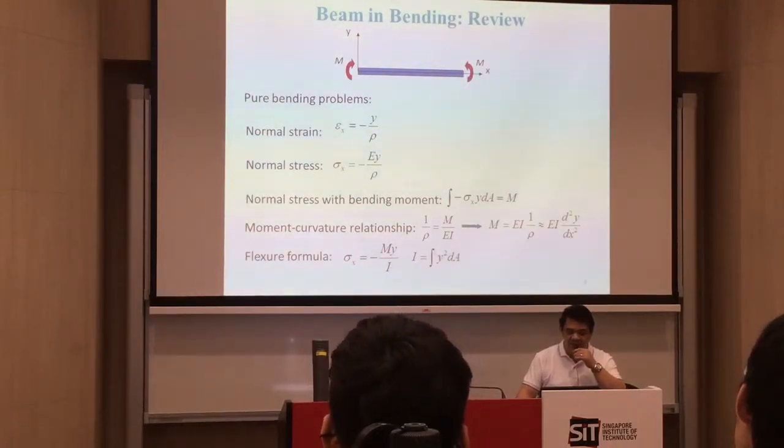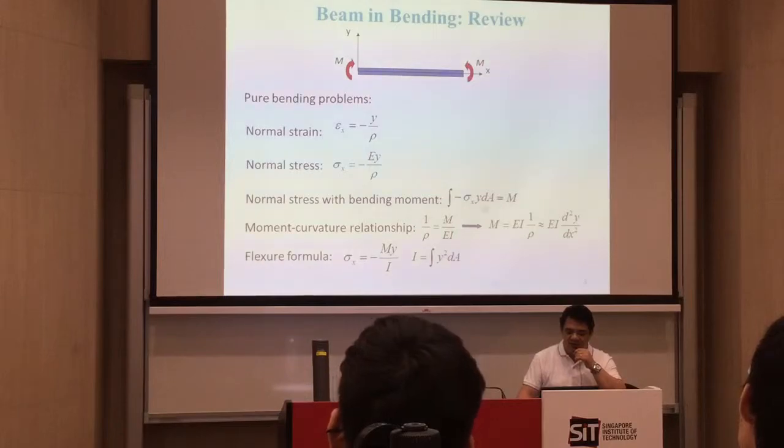So all of this flexure formula you should be familiar with already. Moment is equal to this, equal to that. Normal stress in bending, sigma equal to My over I, where I is equal to the second moment of area, the integral of y squared dA.